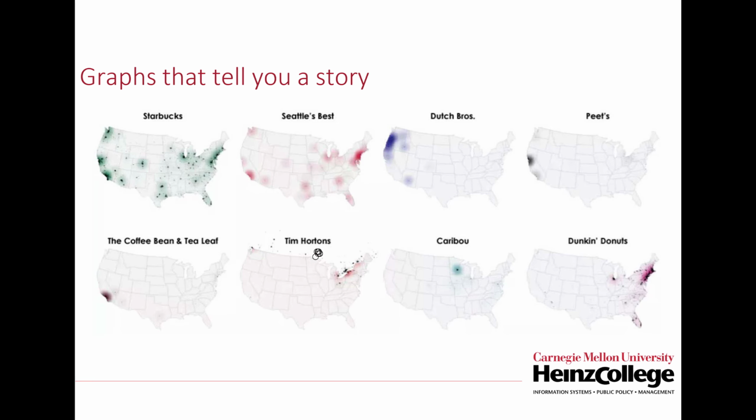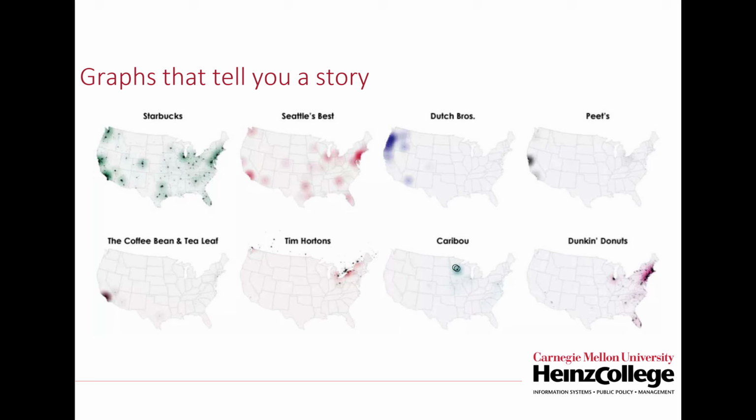Now, Tim Hortons is a very popular chain of coffee and pastry shops, breakfast shops in Canada that has begun making inroads in the northern United States, particularly up in the New York, New England area.